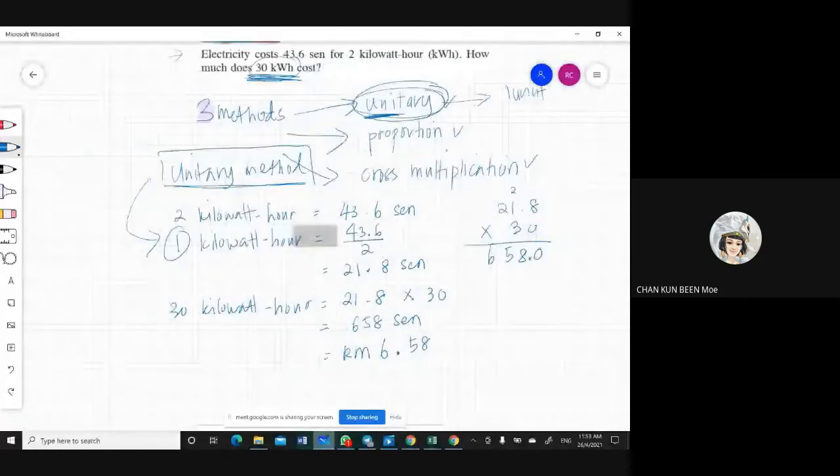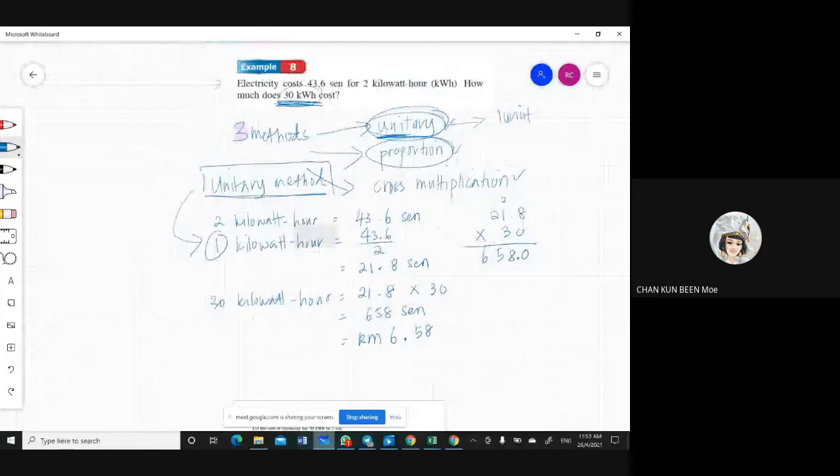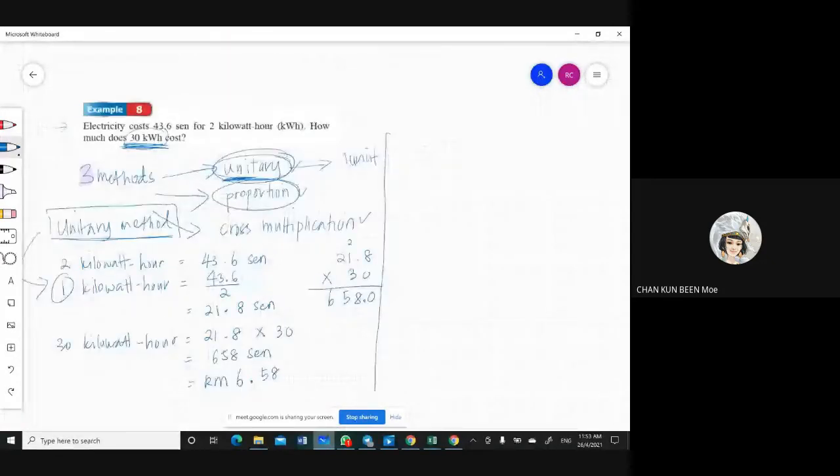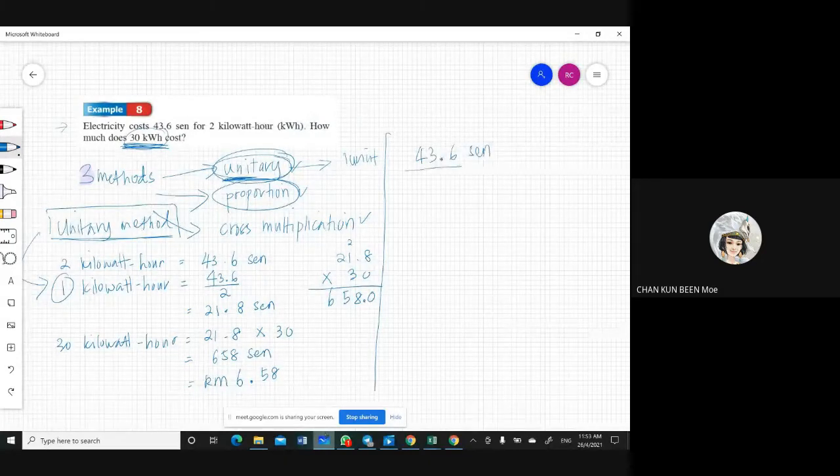To get the proportion method, you just write it down in the form of ratio like what we did for example 7. So I'm going to write down on the right. 43.6 cents for 2 kilowatt hour. So we need to find for 30 kilowatt hour, how much is the answer. Therefore, you can substitute this with a variable x.